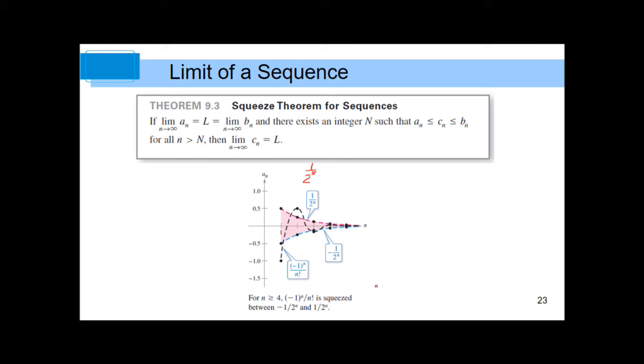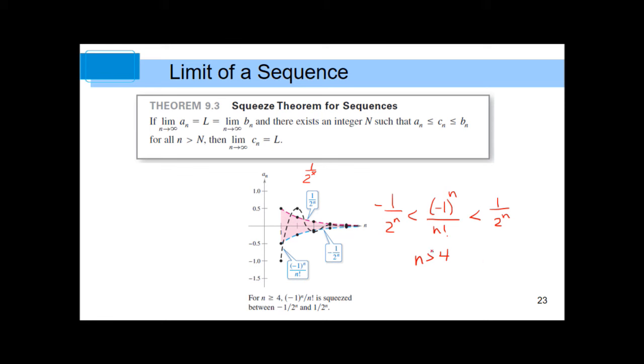In general, the expression negative 1 to the n over n factorial is going to be less than 1 over 2 to the n and greater than negative 1 over 2 to the n, as long as n is large enough. In this case, n had to be 4 or larger, so if n is greater than 4, this is going to hold.